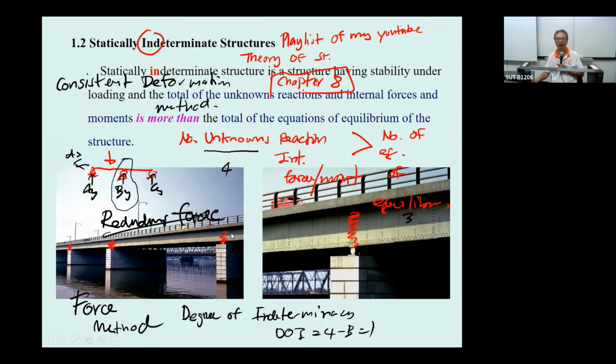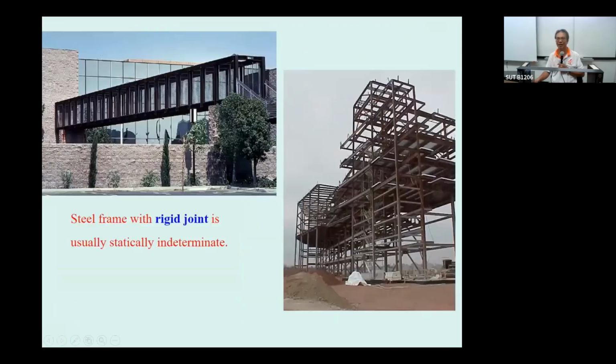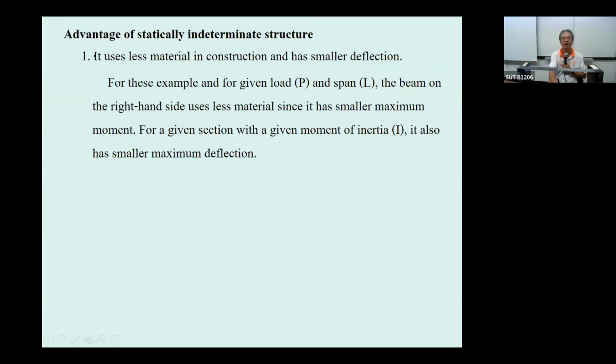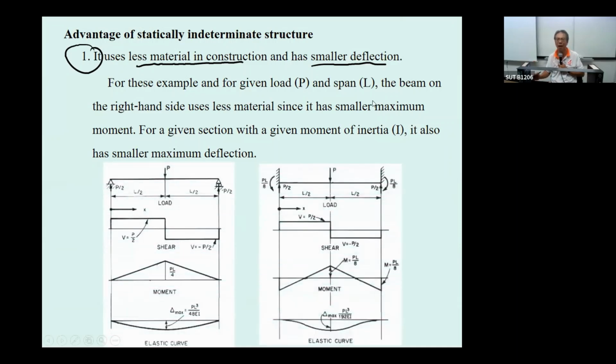We have a lot of indeterminate structures, but we also have some determinate structures. Advantage: indeterminate structures use less material and have small deformation. When you compare these two beams, the determinate one will have the moment of PL over 4. The indeterminate one can distribute the moment to the left and right supports, so it's reduced by half.